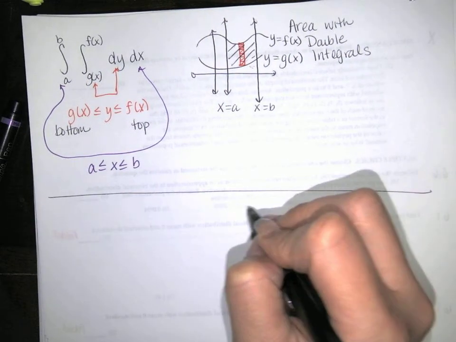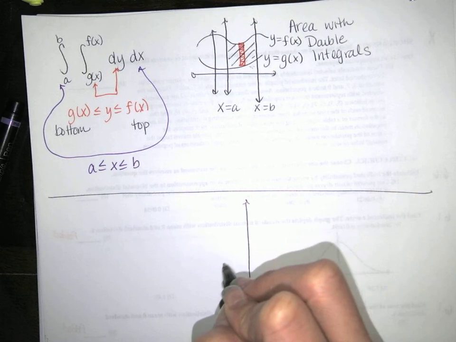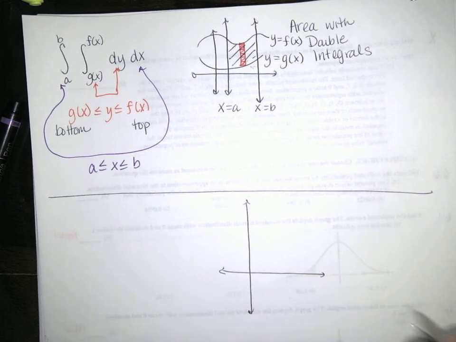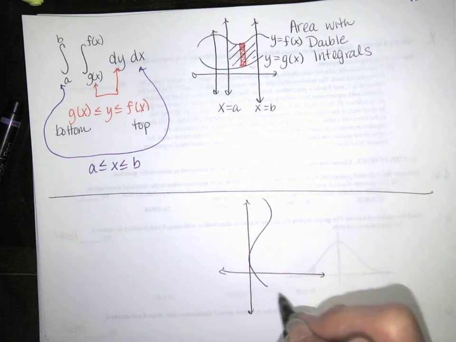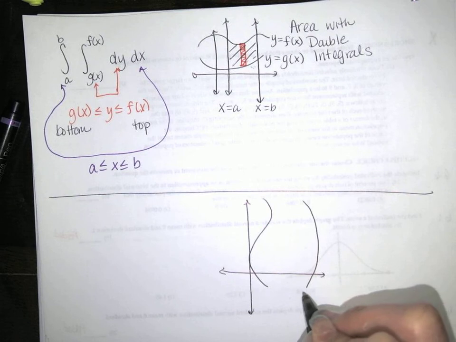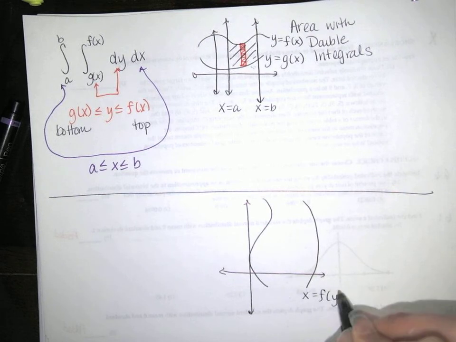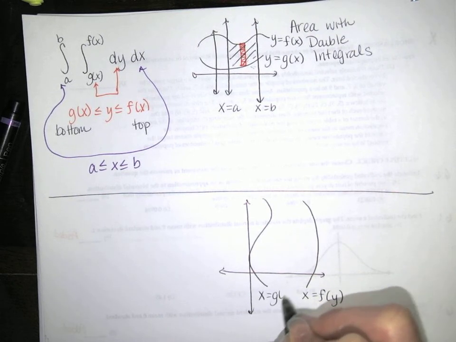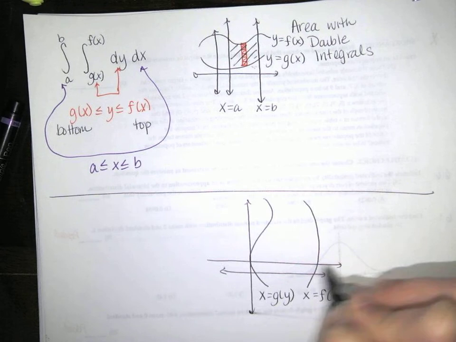Now the other possibility is you might have x as a function of y over here and x as a function of y over here, and y going from c to d.